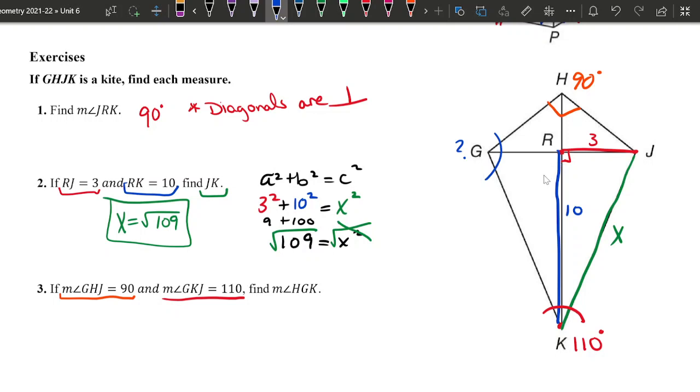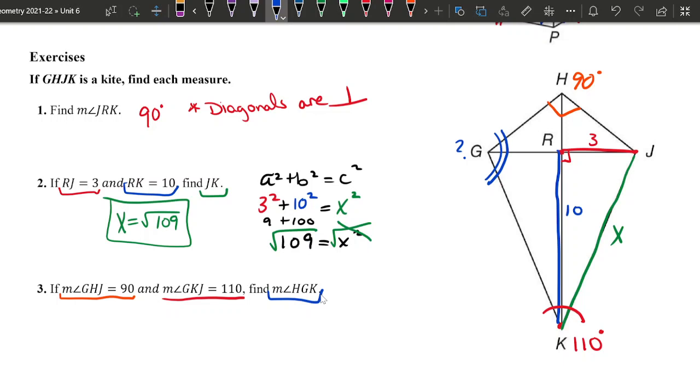All right, so how could I, oh, I still have to do that there because it is different. So now I'm just looking at the top angle is 90, the bottom angle is 110, and the left angle is, I don't know, I want to find that. So I gotta think about how can I do that? There's only one more angle, and is there a relationship in a kite that will give me some information?